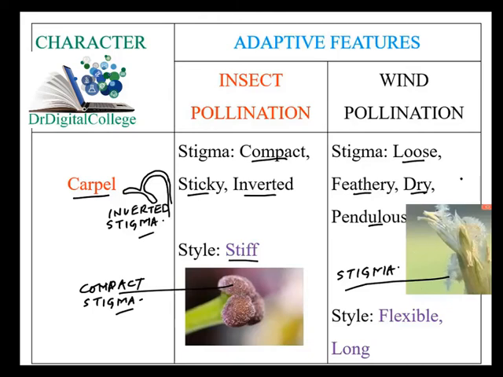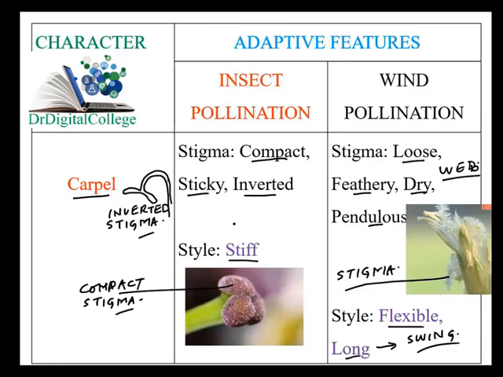So it is forming a web-like structure into which the pollen grains can be entangled very easily, coming along with the wind. Moreover, its style is very flexible and long so that it can swing with the flower. This pendulous stigma can swing along with the flower.